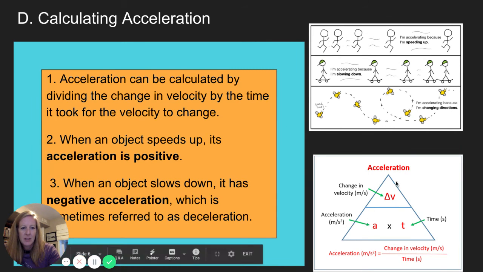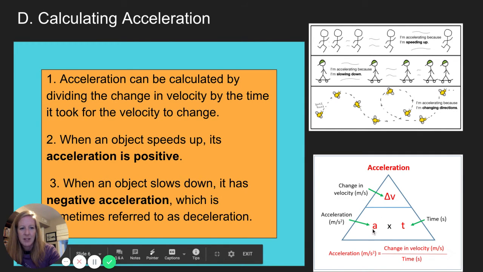Again, we have this little formula triangle, and it tells us acceleration, a, equals change in velocity over time. We could rearrange this and find time instead.